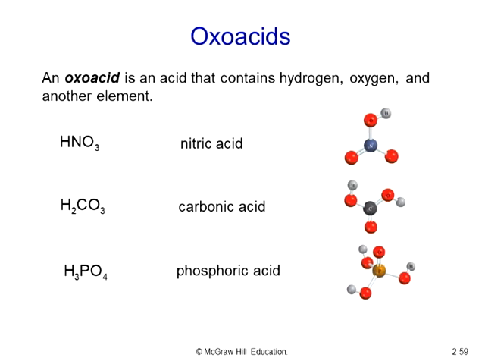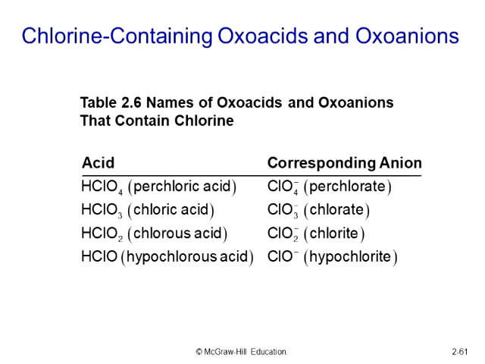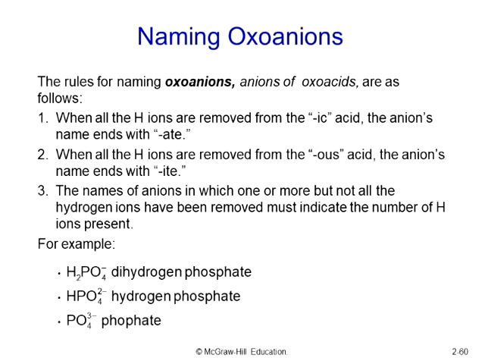There are other acids that we could talk about, for example nitric acid, carbonic acid, phosphoric acid. These are the oxyacids. An oxyacid is an acid that contains hydrogen, oxygen, and another element. These are acids that we expect you can look at and memorize. And we show you here how the oxyacids are named, the rules for them.